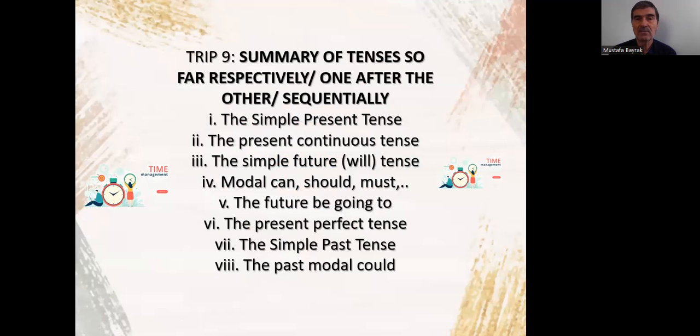Then the present continuous tense, and the simple future with will, with, of course, will plus the modals such as can, should, must. You are already familiar with them. Yes, we have acquired them partially, one after the other. And then the future be going to for organized or planned intentional activities.